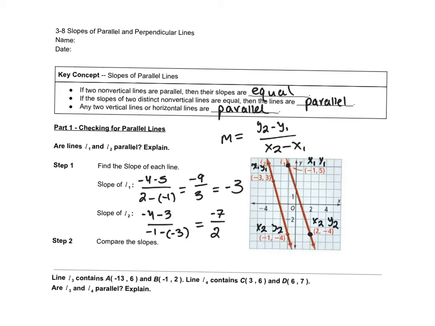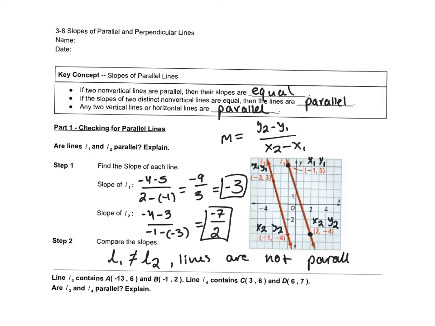So our slope is -7/2, and the other is -3. Then in step 2, it asks us to compare the slopes. If the lines are parallel, then the slopes are equal. Line 1's slope does not equal line 2's slope, so the lines are not parallel.